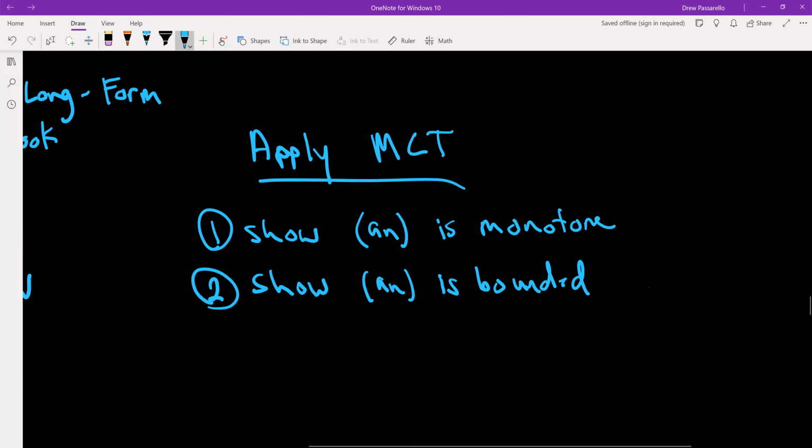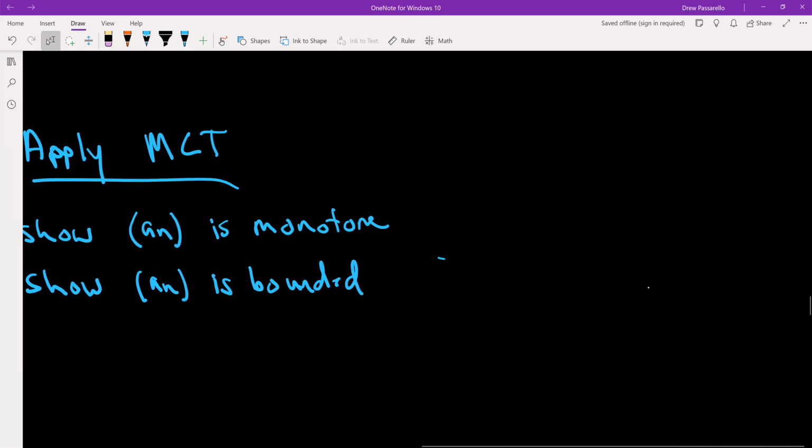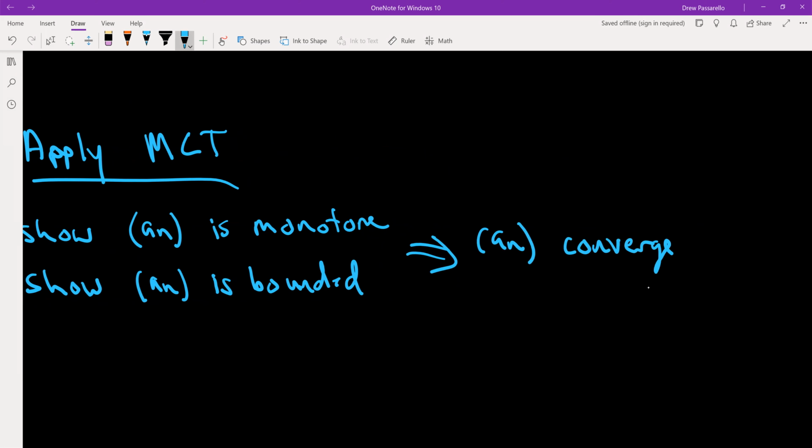And so once I've shown these two things, then that's going to imply that the sequence converges. All right, so that's the first part of the proof.